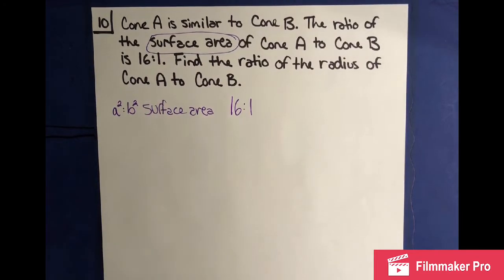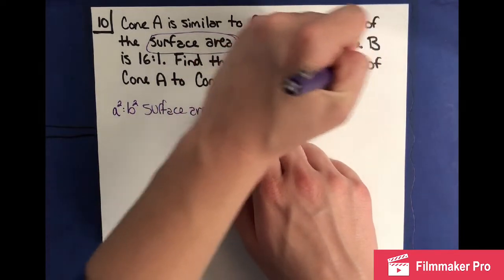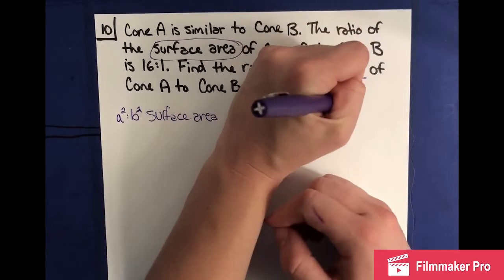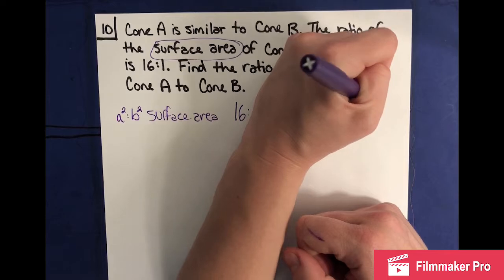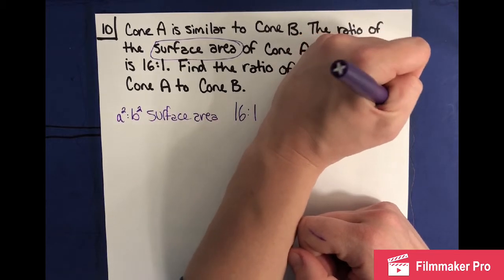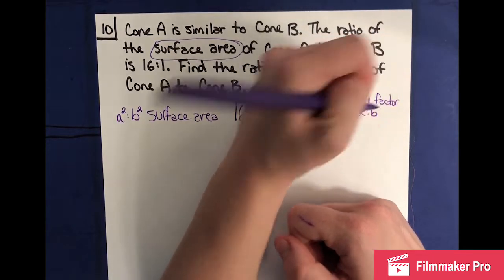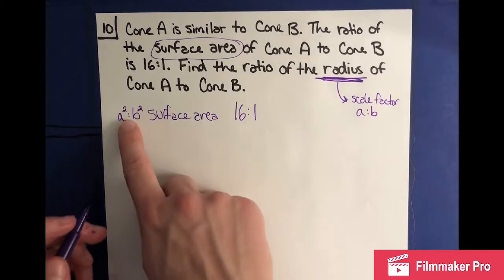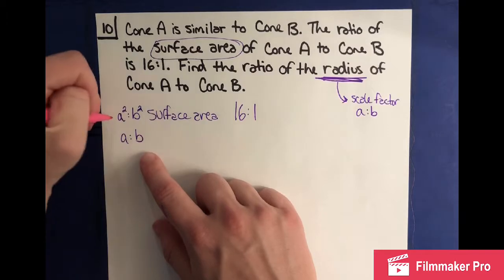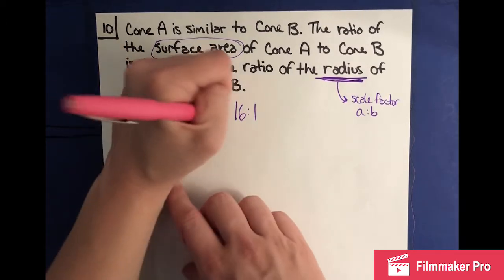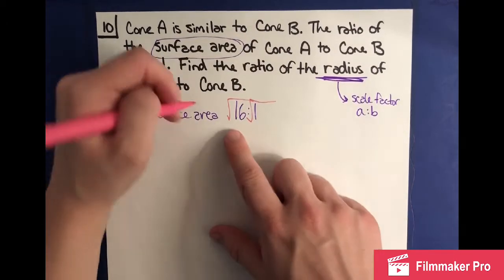So what do we want? We want the ratio of the radius. Radius is linear, so we actually just want the scale factor, which is A to B. So how do I do that? Well, to get from here to here, we want to square root, square root, square root, square root.